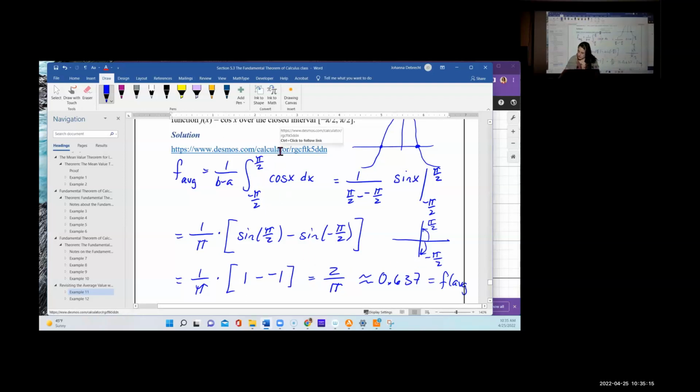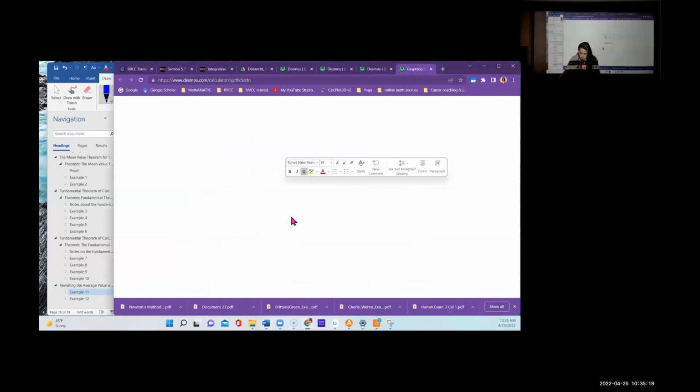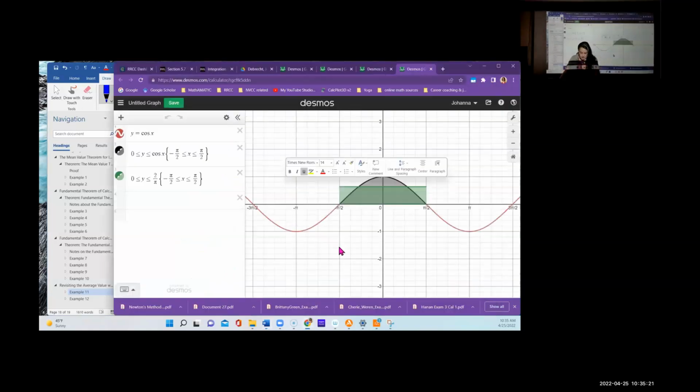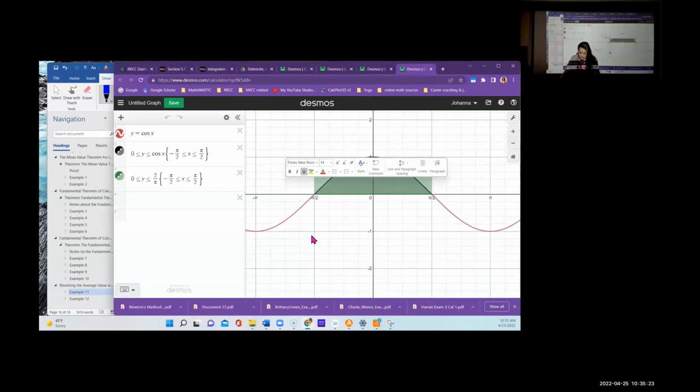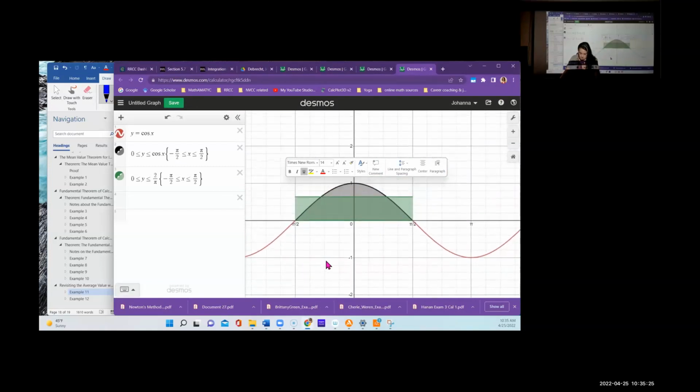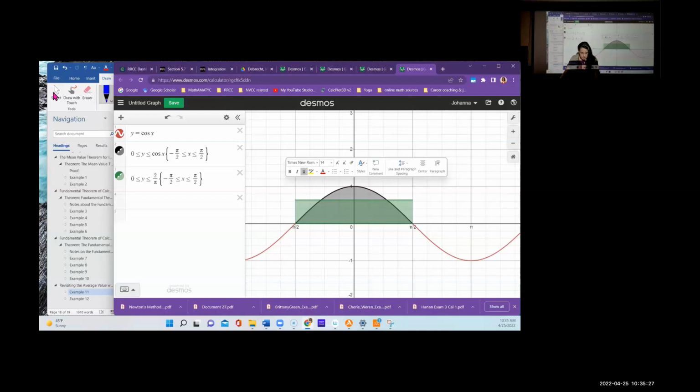Let's take a look at the link and see what it is. All right, so here is our graph. I don't know why that's there in the middle. So now we've got the curve cosine of x. I've shaded the region between negative pi over 2 and pi over 2, kind of a blackish gray.